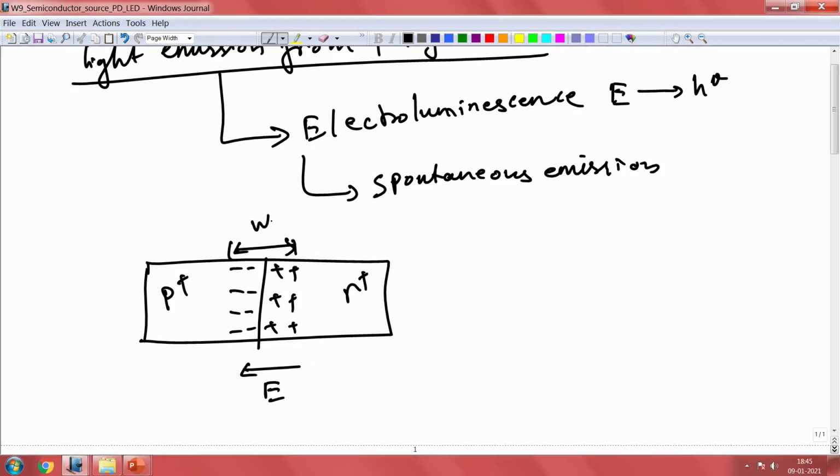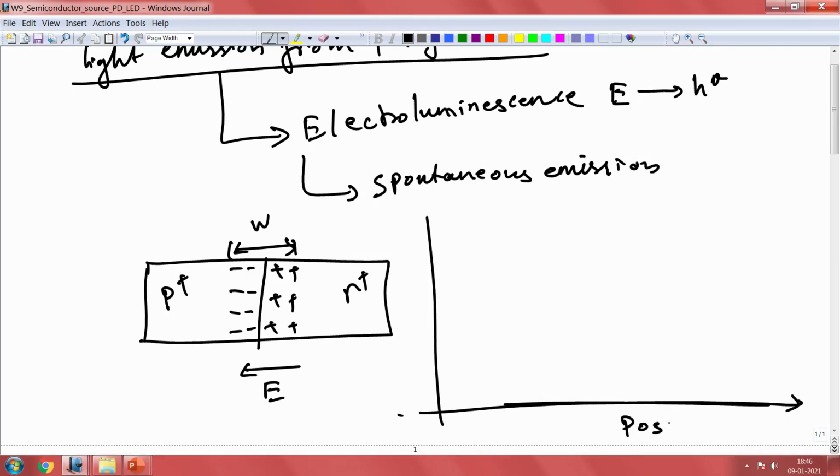So this is the junction we talk about. When you talk about these junctions, this will create a band bending. So if this is position, and this is our energy, the electron energy here.